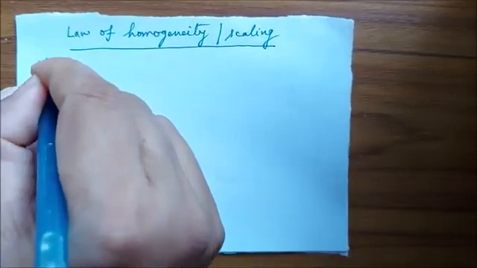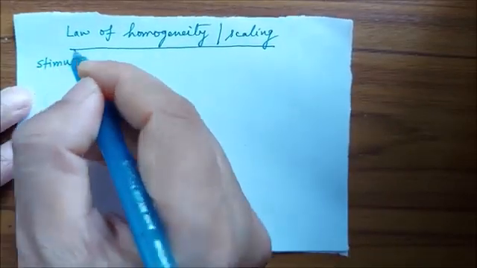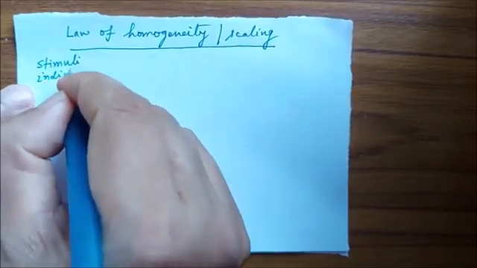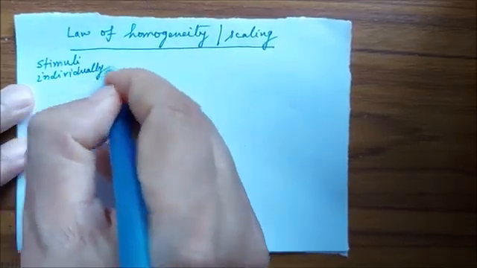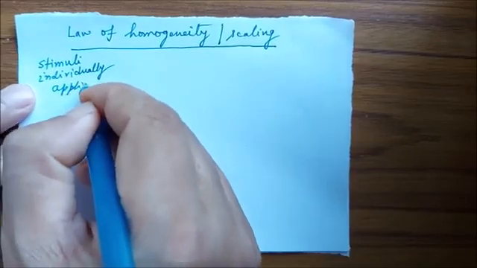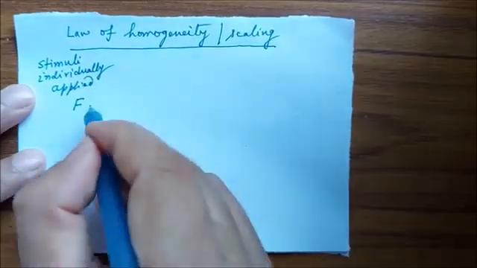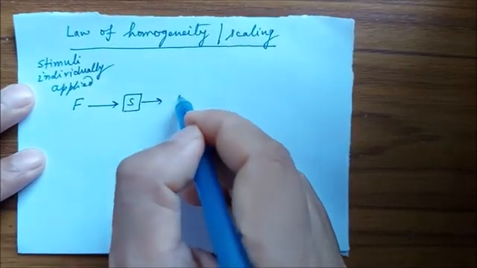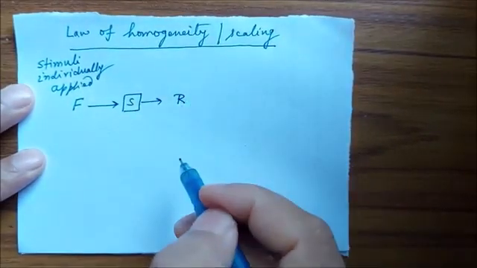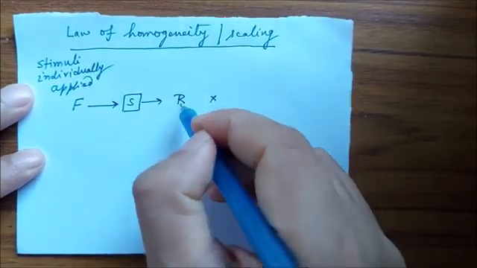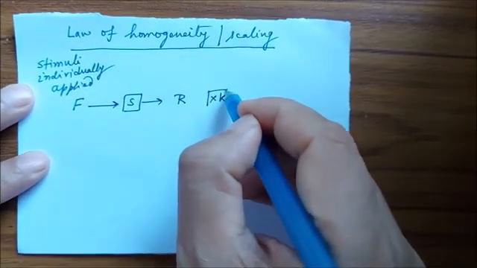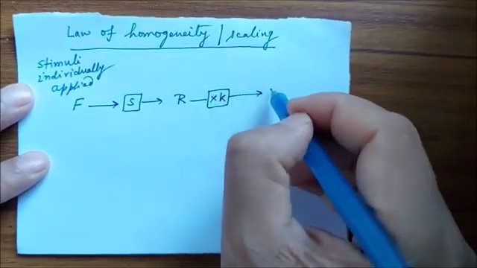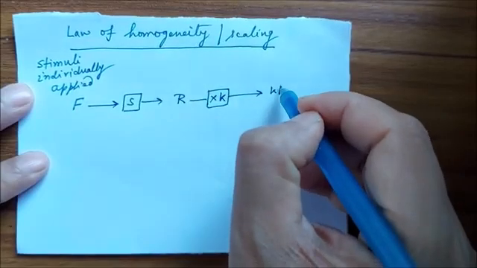So here stimuli is applied individually on the system, and the response we get is R. And now we multiply this response by a scaling factor, say K, and then we obviously will get KR.